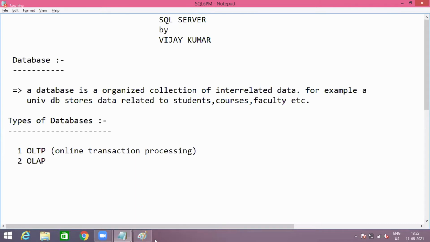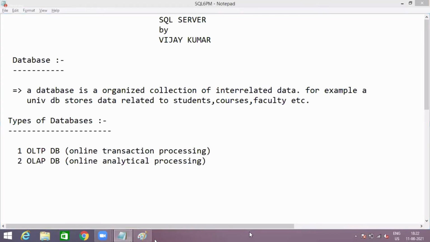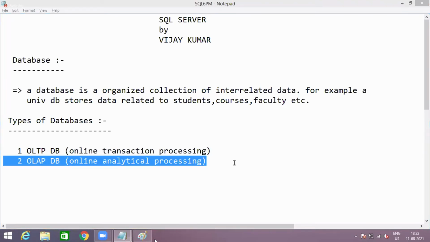OLTP stands for online transaction processing database. OLAP stands for online analytical processing.